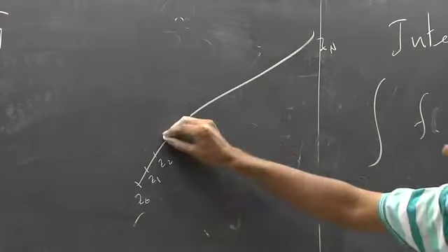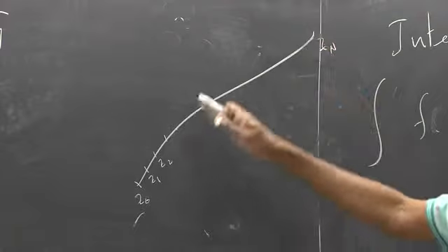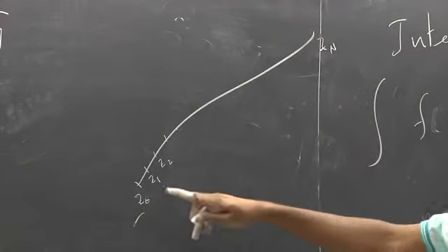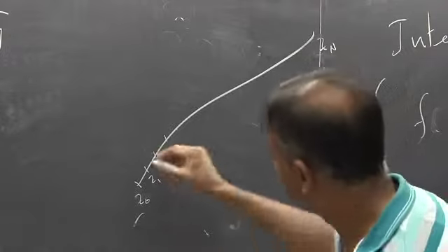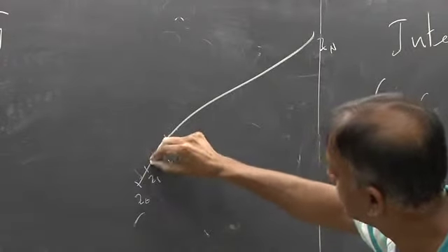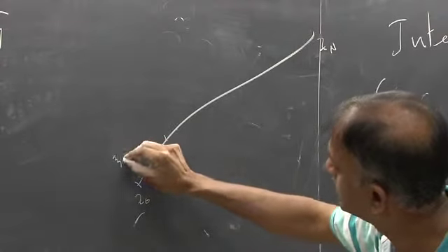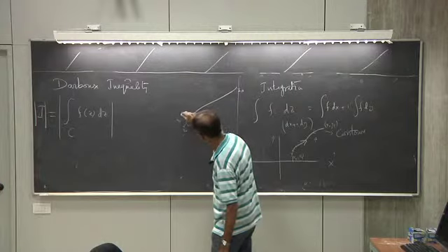So I've divided it into n pieces. My starting point is z0 and the final point is zn. And then choose some points in the intermediate pieces, anywhere inside, and call those points psi1, psi2, psi3, etc., each a complex number, just a coordinate there.